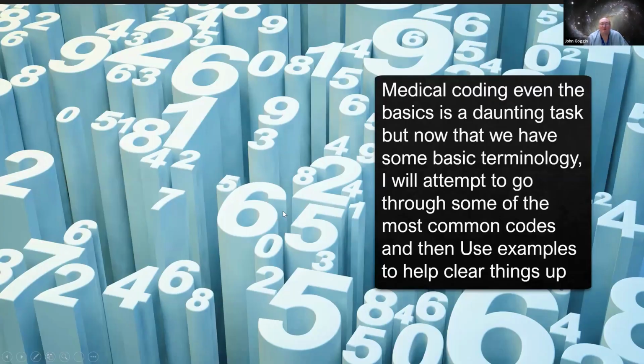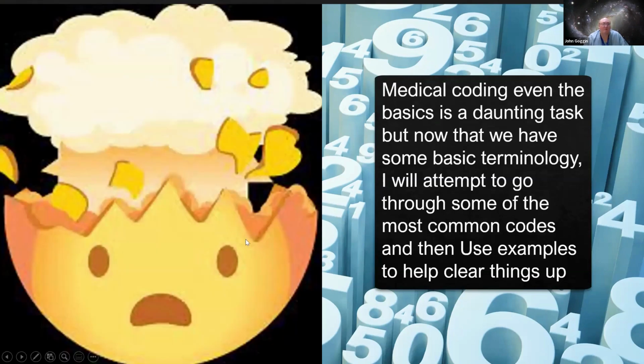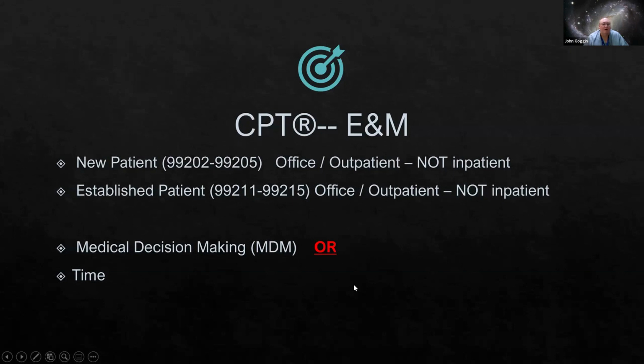So as you'll see as we go through this, medical coding can be quite daunting, but we'll try to use some examples and see if we can clarify some of this stuff.